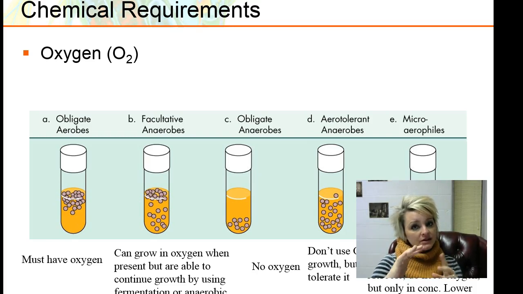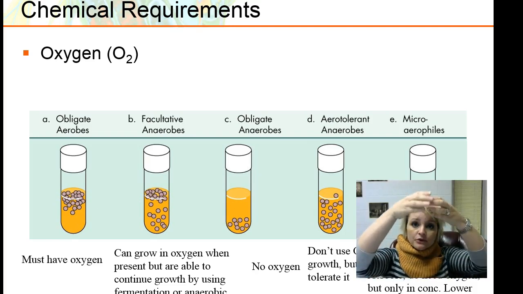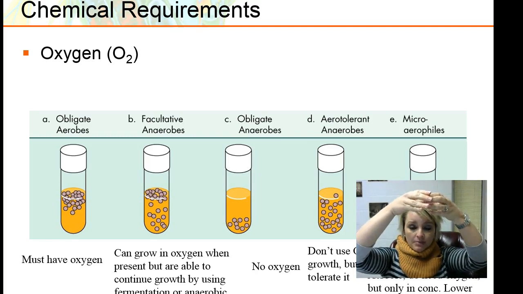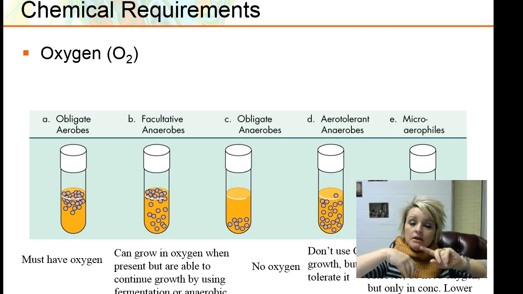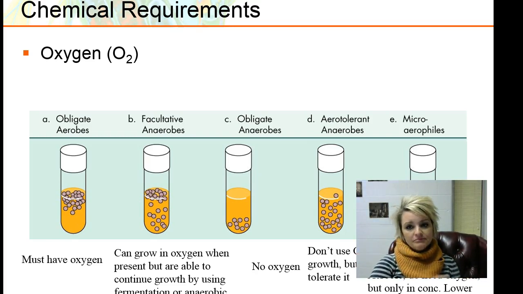But the fact that there is microbes present throughout tells me that they didn't stop growing when the oxygen was gone. So facultative anaerobes absolutely use that oxygen up at the top first, but then when it's gone, they will continue to grow throughout the test tube.